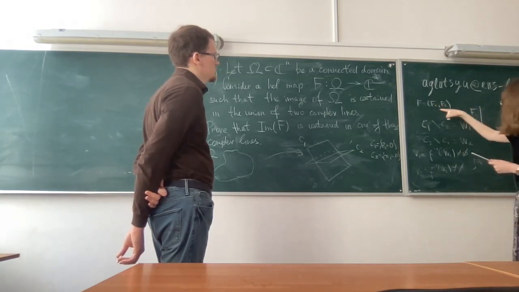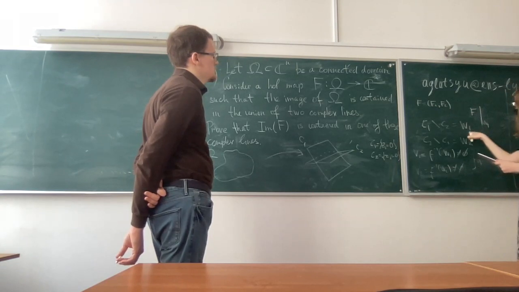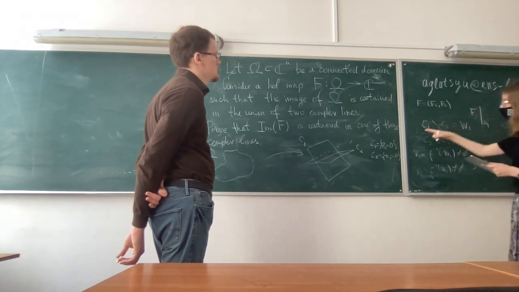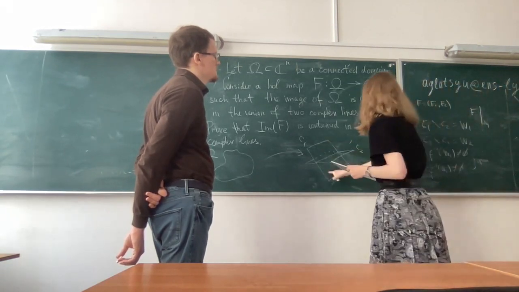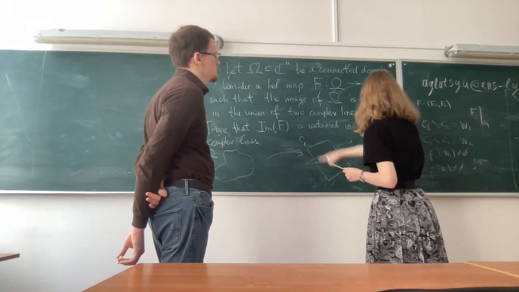So if I take F and regard it as a function on V1, then its image lies in C1 without C2, so its image lies in C1.